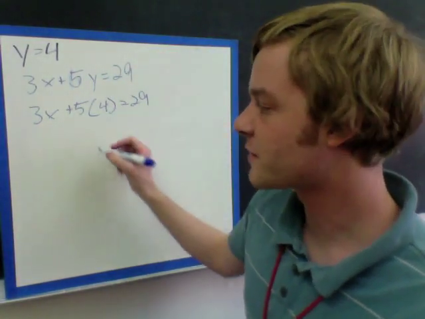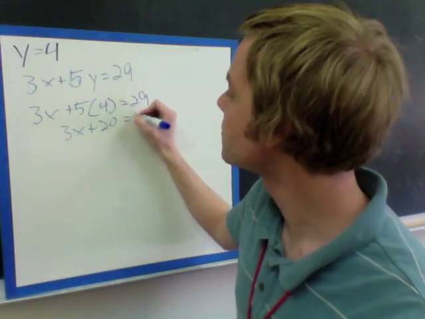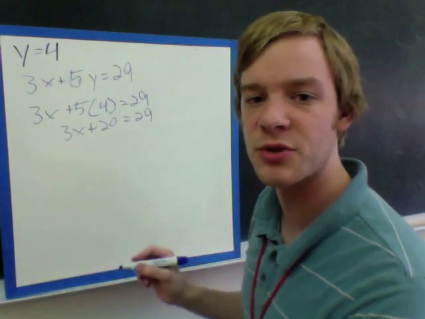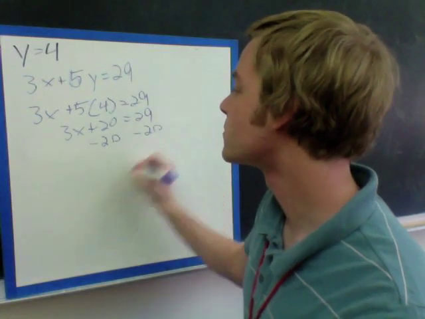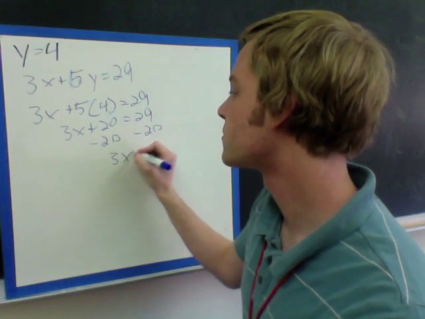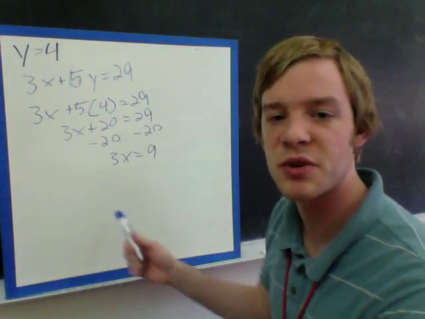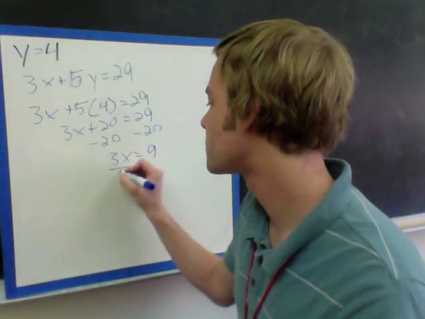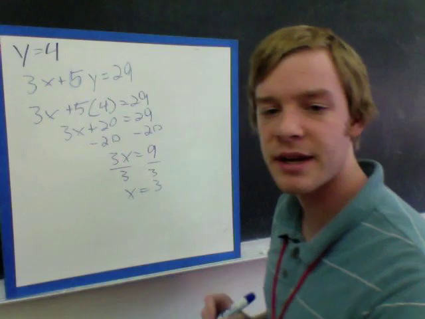So 5 times 4 gives me 20. And I want to solve for my x, so I'm going to subtract 20 from both sides. When I subtract 20, I end up with 3x equals 9, and then I just divide by 3 and I get x equals 3.